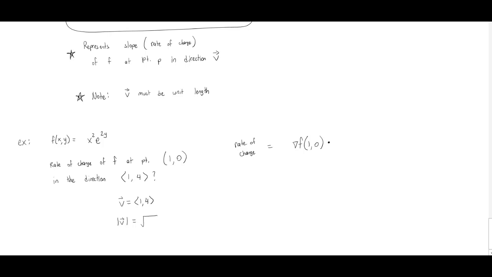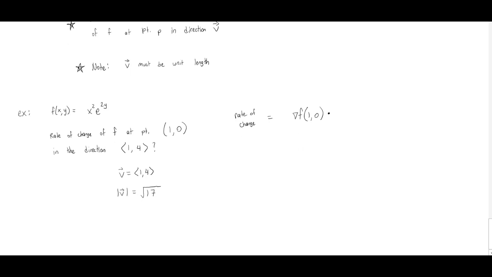Sure, okay. So square root of 1 squared plus 4 squared, right? So it's not unit length. So if I want to get a vector pointing in the same direction but of unit length, what should I do? Right. So I want to use the direction vector 1 over root 17 and 4 over root 17 for my computation, all right?